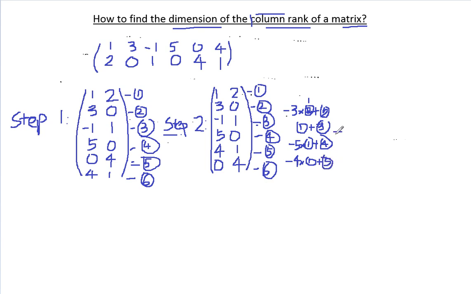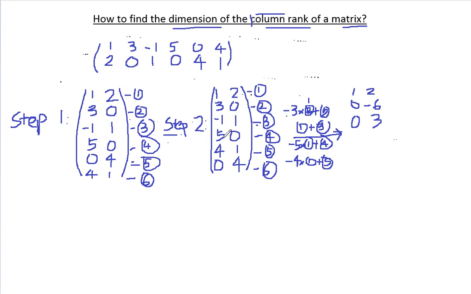From here, the first row will be consistent, 1 2. For the second row, minus 3 times 1 equals minus 3, minus 3 plus 3 equals 0, and minus 3 times 2 equals minus 6, minus 6 plus 0 equals minus 6. For the next one, 1 minus 1 equals 0, 2 plus 1 gives me 3.